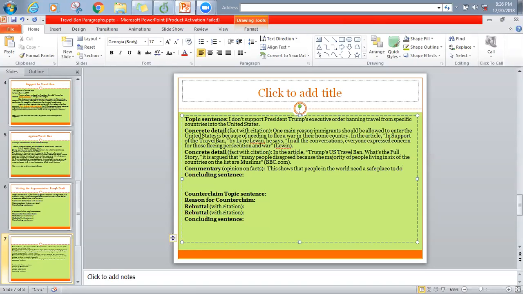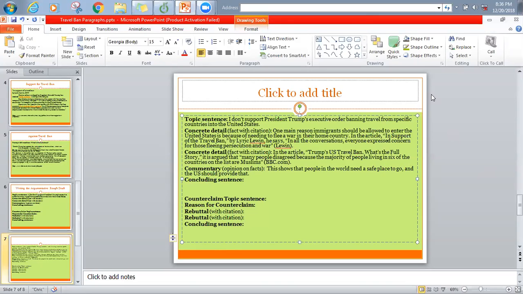So this shows that people in the world need a safe place to go, and the U.S. should provide that. That's what that first concrete detail shows. What would you say that second one shows? What does it prove? I'll move this so you can see it.